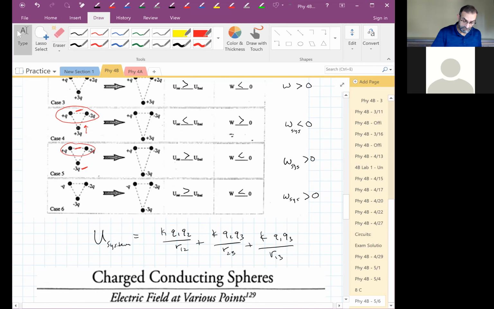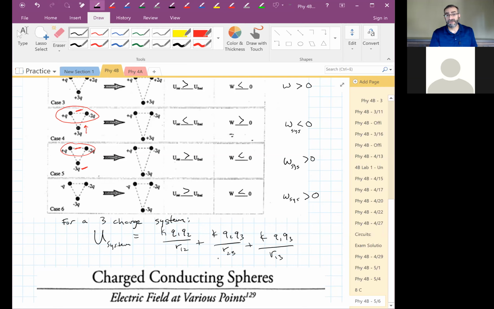Okay. This is for a 3-charge system, right? And remember, when you do this equation, you have to maintain the sign of Q. If Q is negative, you put a negative number in. If Q is positive, you put a positive number in, because U can be positive or negative.